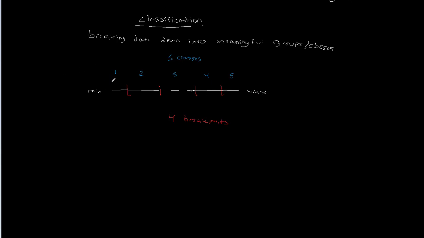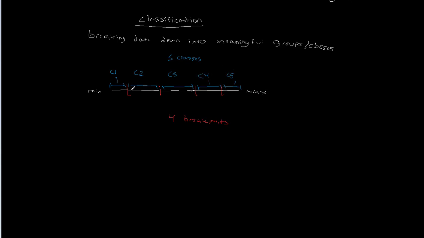And so anything between the minimum and this first breakpoint is going to be class 1. Between the first breakpoint and the second breakpoint is going to be class 2, class 3, class 4. And then anything between the final breakpoint and the maximum is going to be class 5.